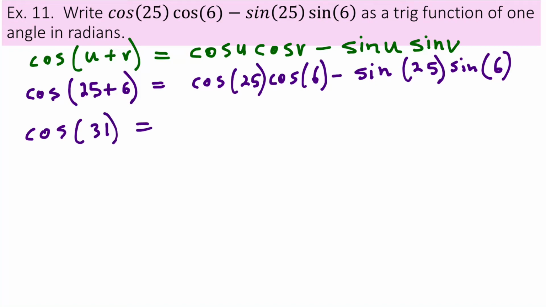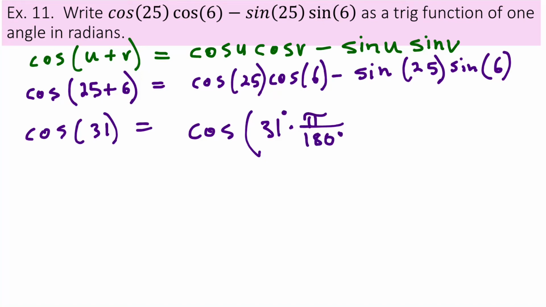So according to our instructions, what we're asked to do is not leave it in degrees. We want the angle to be in radians. Remember when we convert from degrees to radians, we have to multiply by pi over 180. So cosine of 31, written in radians, I'm going to multiply it by pi over 180.